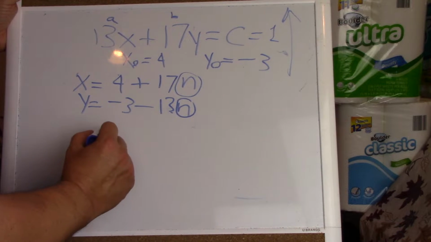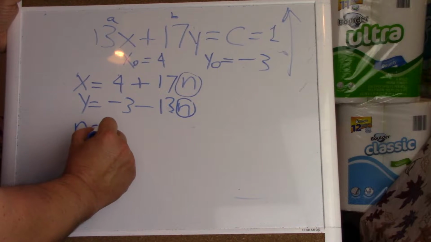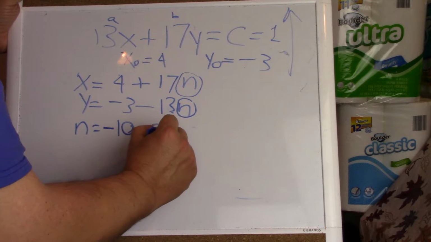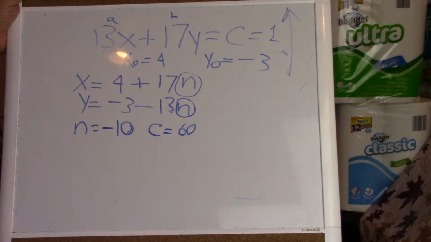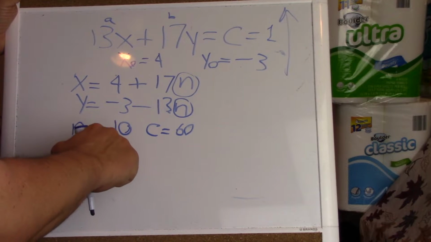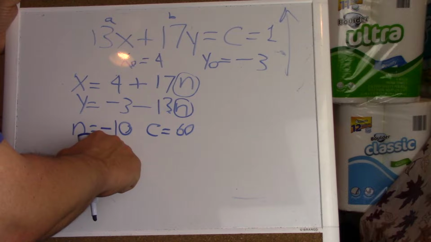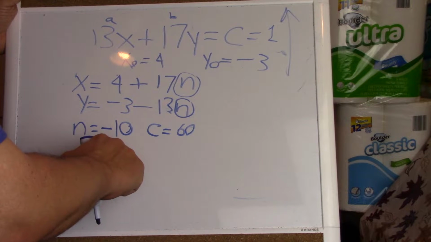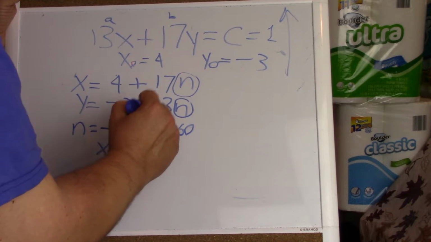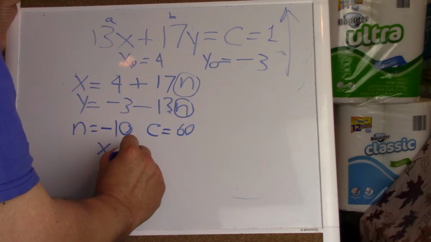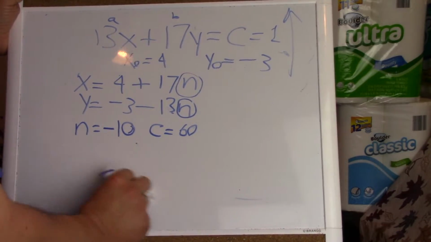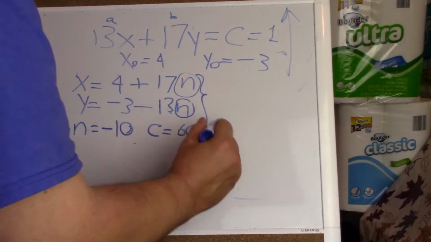So if you say, for example, n is equal to minus 10, and c is equal to 60, you're going to get x is equal to, so we have to multiply. Because we picked 60, we first have to adjust these equations.